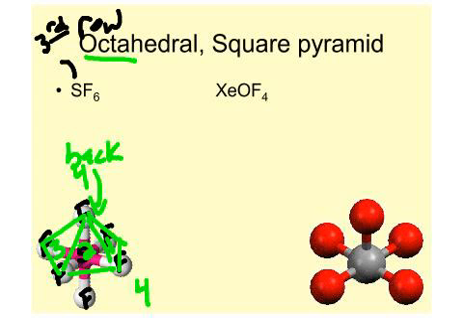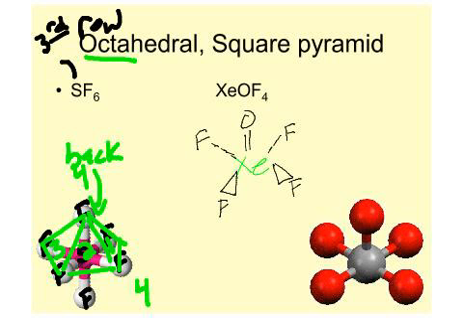Square pyramid, hopefully you can see that on this one. The way it would look, let me shrink this back down a little bit more. Xe, I'm going to go to black, would have a double bonded O, an F like this, an F like this, an F like this, and an F like this, and a lone pair.